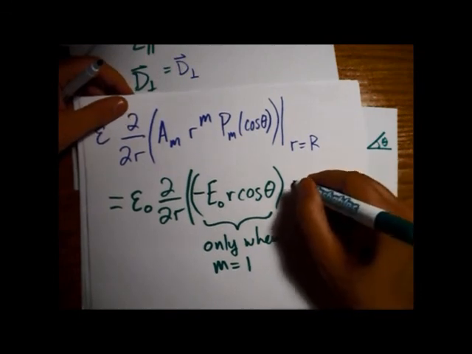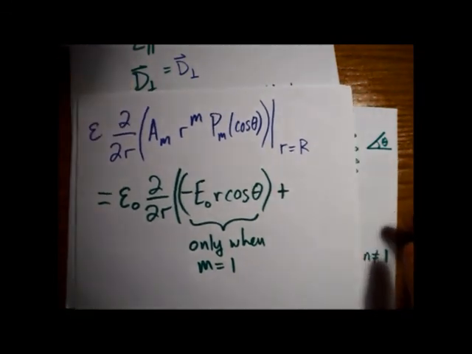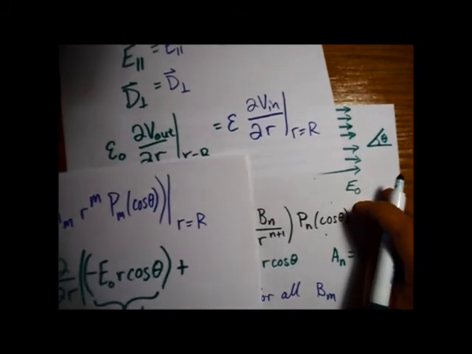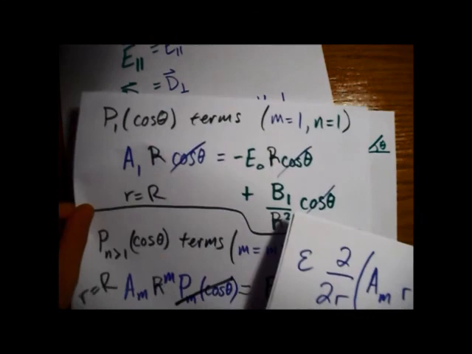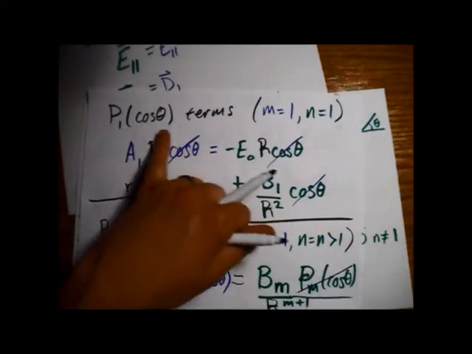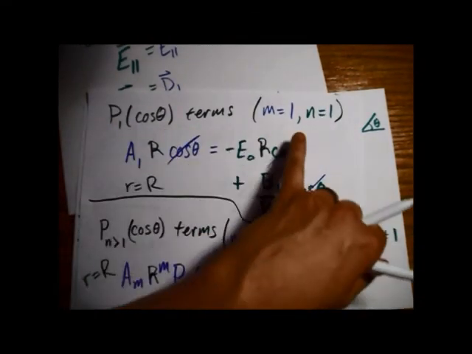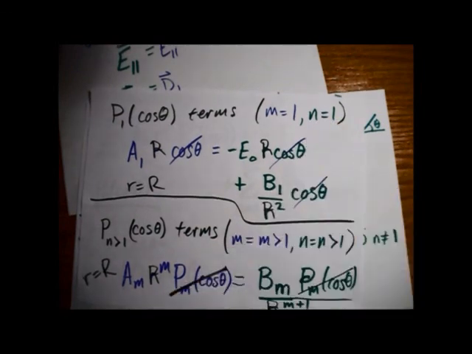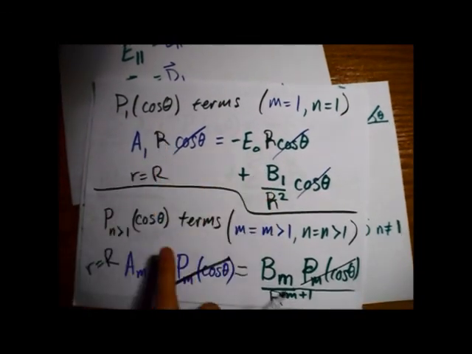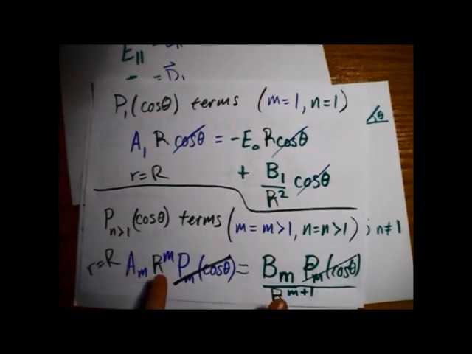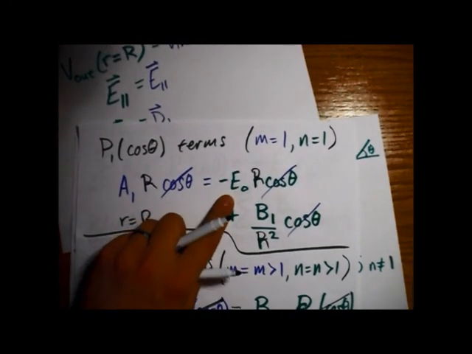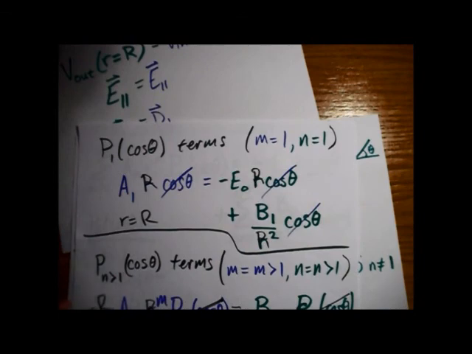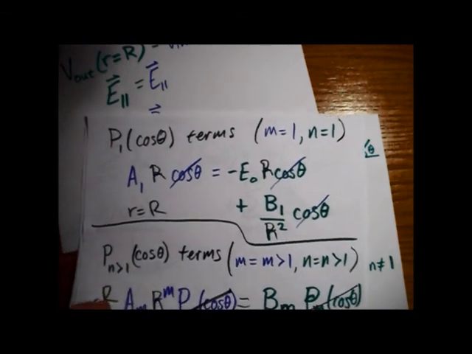Okay, but again, what I'm doing is just like we did before, where we broke this one down, right? When m and n are equal to 1, we had one equation, and when they're not equal to 1, we had a separate equation. Again, all because of this term here for this constant electric field out there.